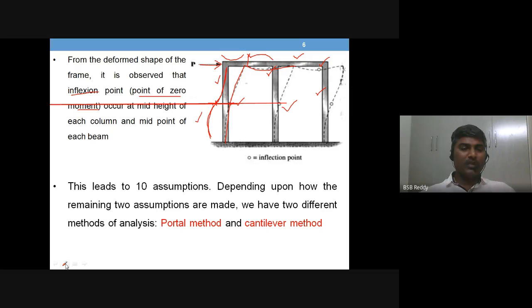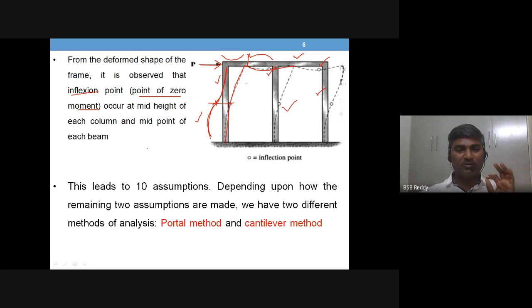So what does this mean? You have inflection points at the middle of the members. When you have a lateral load acting on the building frame, you have an inflection point, or bending moment zero point, in the middle of the member.